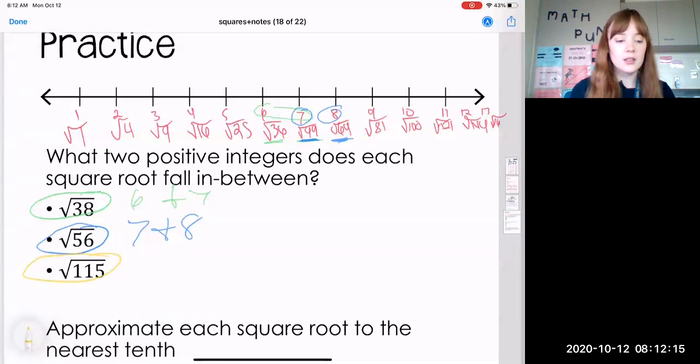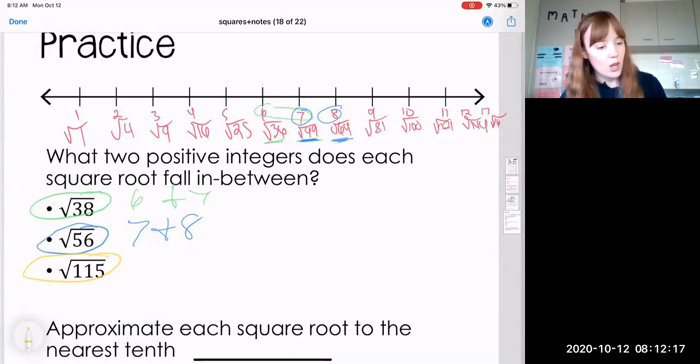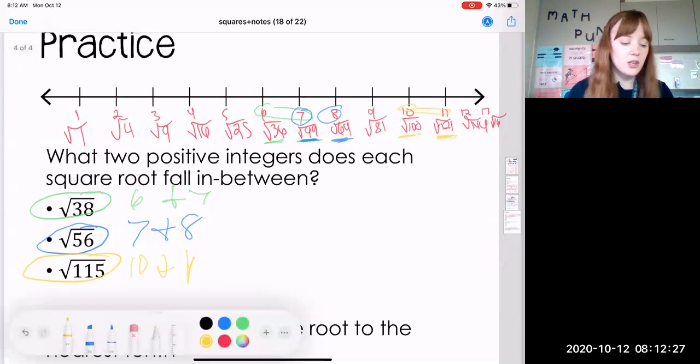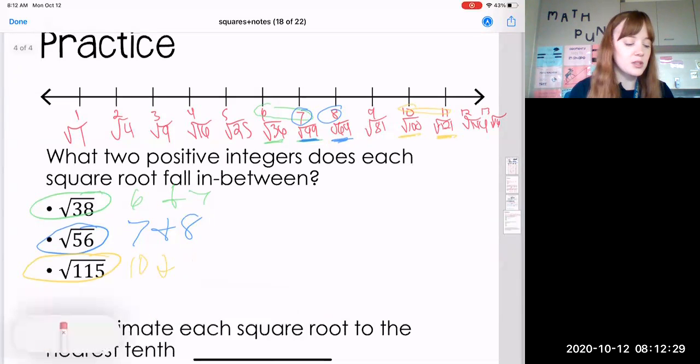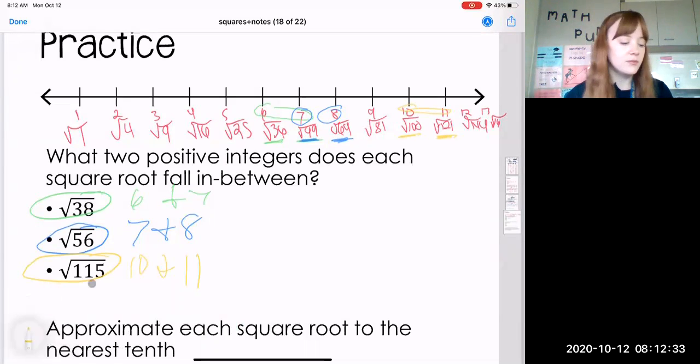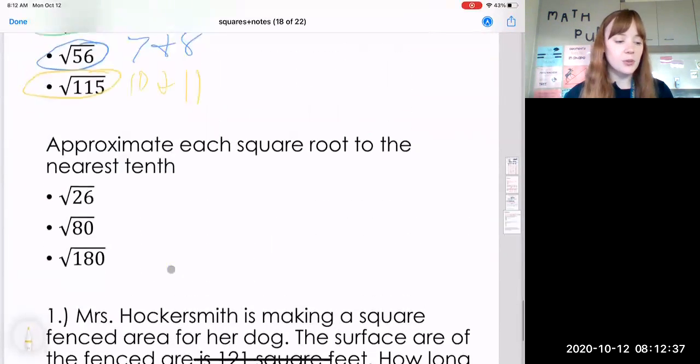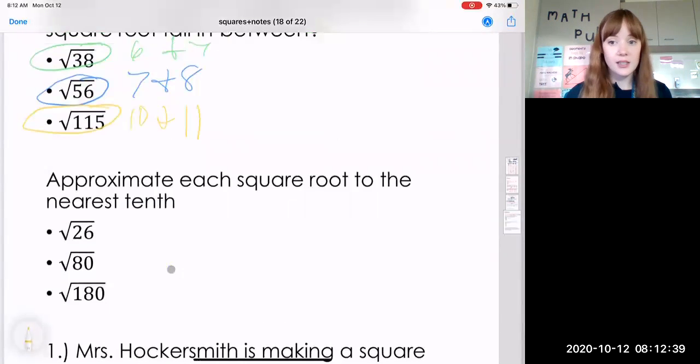Falls in between 100 and 121. So it falls in between 10 and 11. Even though we're comparing the square roots to each other, notice how I'm taking the square roots to say what positive integers it falls in between. In the next three examples, we actually have to find a decimal answer for it.